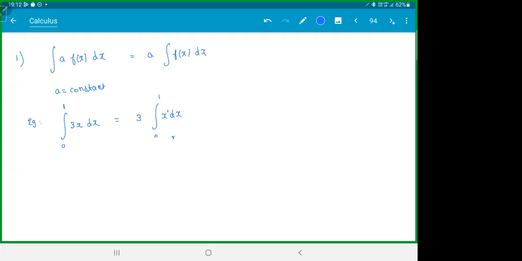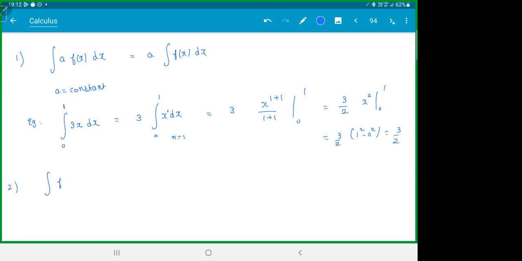This is x power 1, so basically n is 1. The formula will be x power 1 plus 1 by 1 plus 1. Limits will go from 0 to 1. So that will be 3 into 1 by 2 x square, 0 to 1. So 3 by 2 into 1 square minus 0 square is 3 by 2.